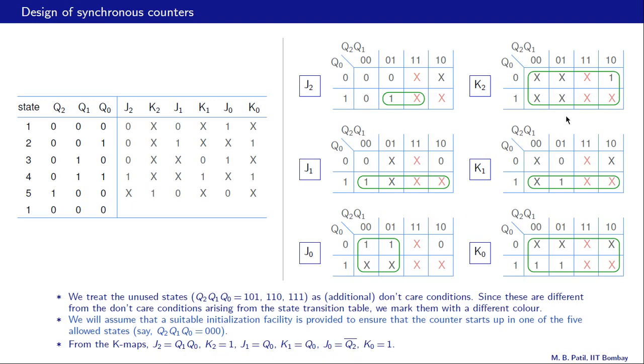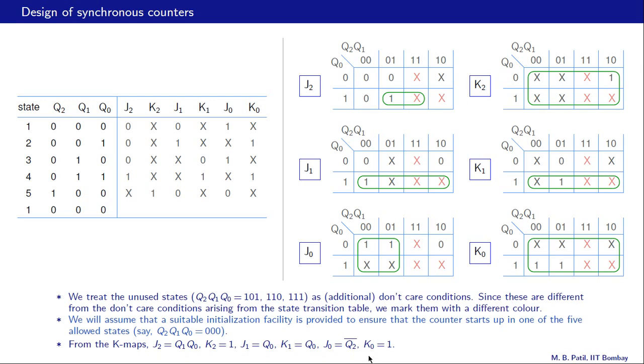In the map for K2 there is only 1, 1, and all others are X's, and we can assign 1 to each one of these X's so that this entire function is simply 1. J1 is Q0, this term here. K1 is also Q0, that one. J0 is Q2 bar, this term, and K0 is 1.